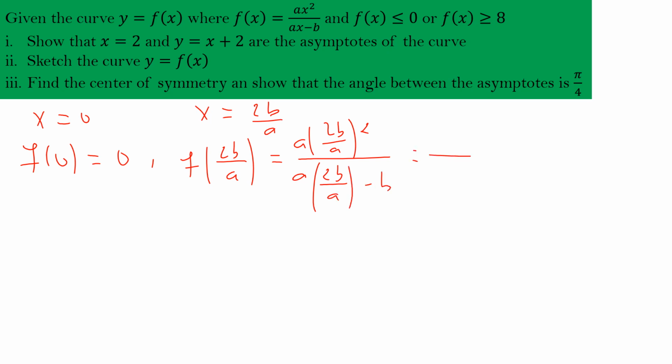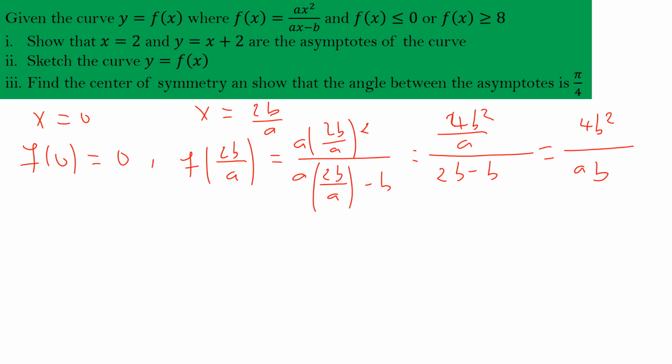So the numerator is going to give us 4b squared, all divided by A if we simplify, and the denominator is 2b minus b. In simplifying, the denominator becomes b. The A in the denominator of the numerator will meet the b in the denominator. Voila, so this is what we have.